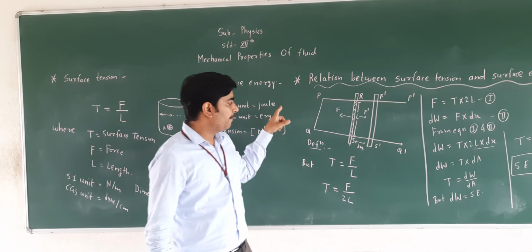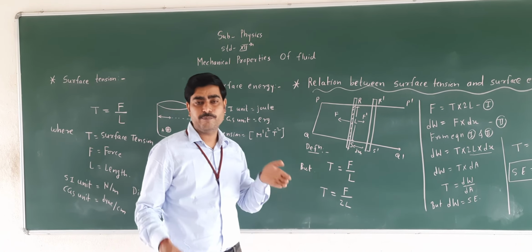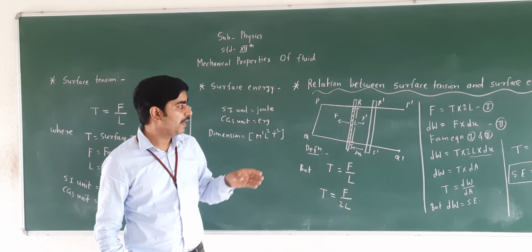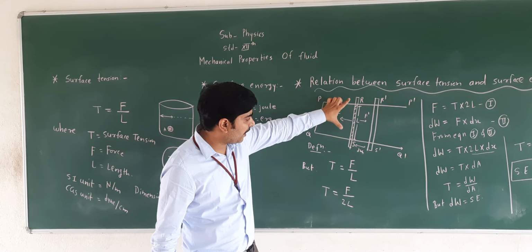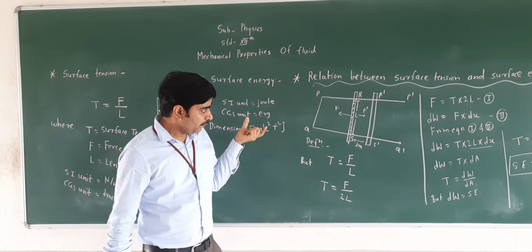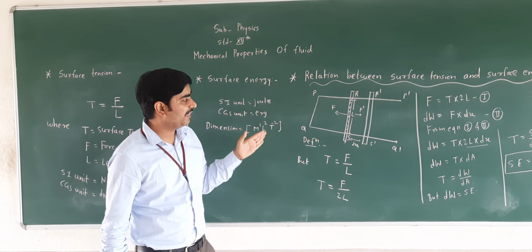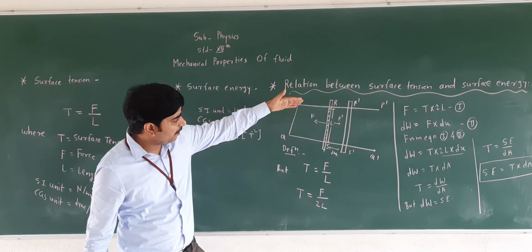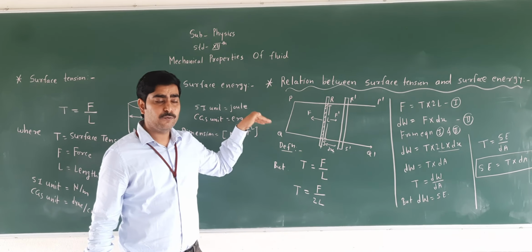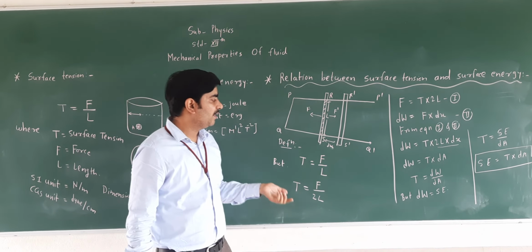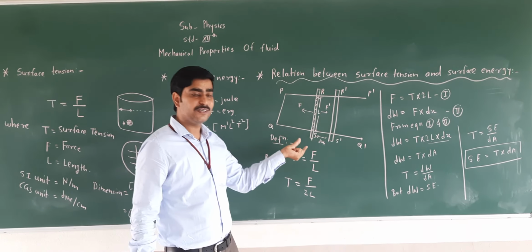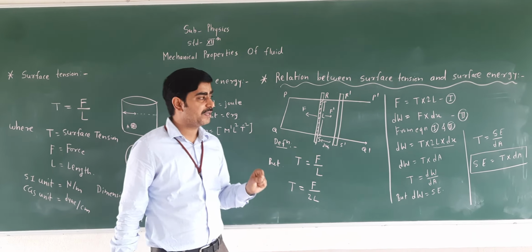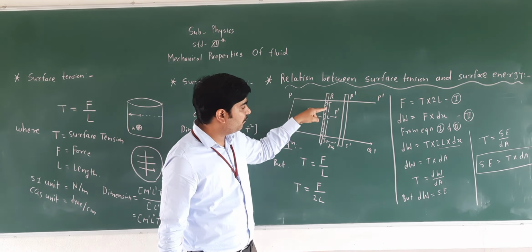Let us consider PQRS be a rectangular frame which is dipped in the soap solution, having the length of RS equal to L. When the force F is acting on the side RS, then an equal amount of force will be exerted on the opposite side, so that it gets displaced through dx. Or in simple words, if the force F dash is applied on the side RS, then it will be displaced through the distance dx.